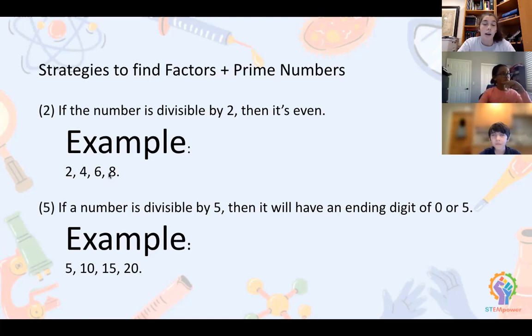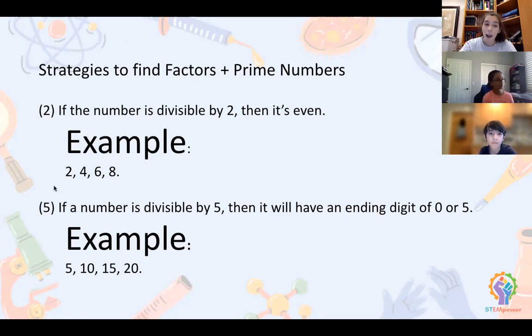And 8, you can divide by 2 to get 4. So basically, the number has to be even to have a factor of 2. Exactly. And every number that is even has a factor of 2. So if it's even, you know that it's divisible by 2, and you can easily find out that 2 is able to go into that number because it's even.